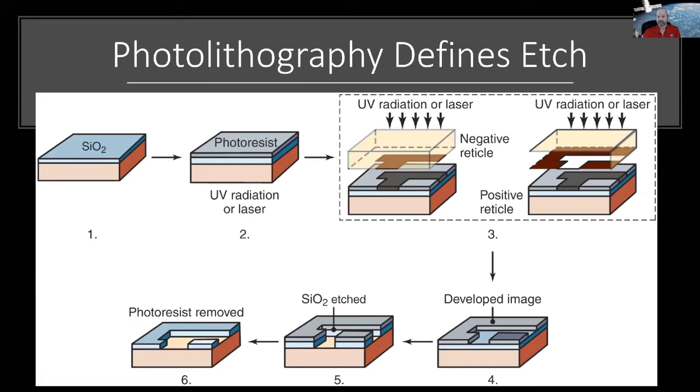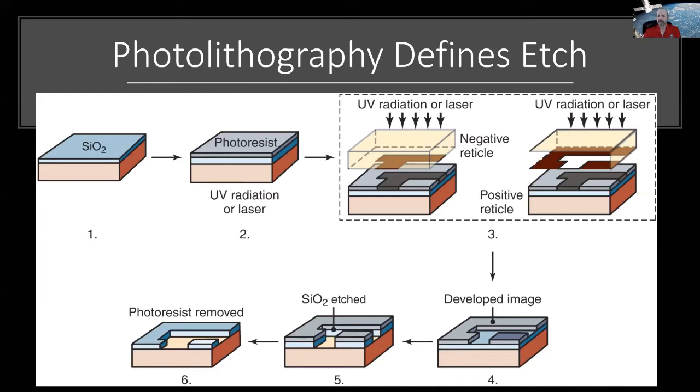Okay, so they show the negative and the positive version of it. Like I said, we typically use positive photoresist for most things. And then, wherever the photoresist has been exposed, if you're using positive photoresist, gets developed, and that's what they're showing in step 4.